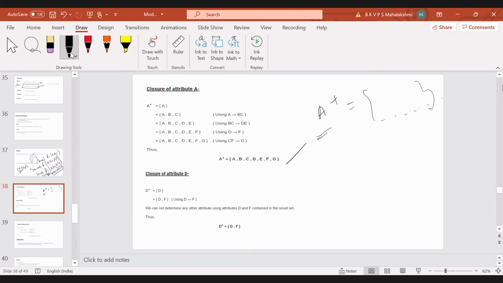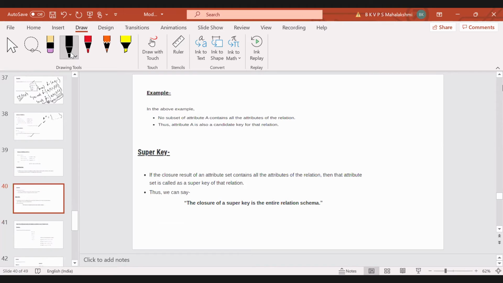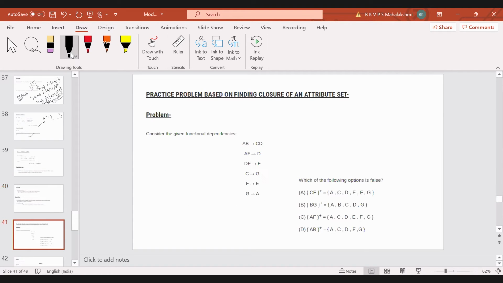See here, we have already found this and this one also. So you know about super key and candidate keys, right? So this is a practice problem. These are the options for this.